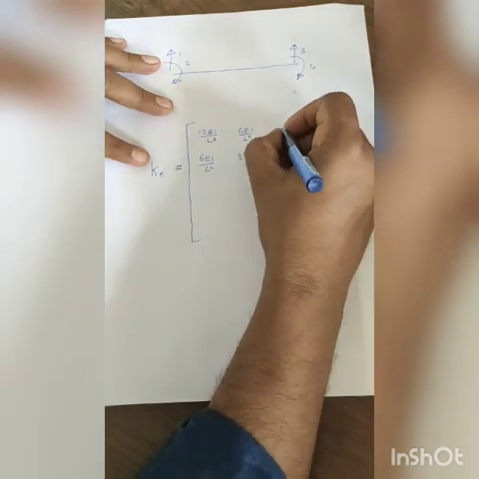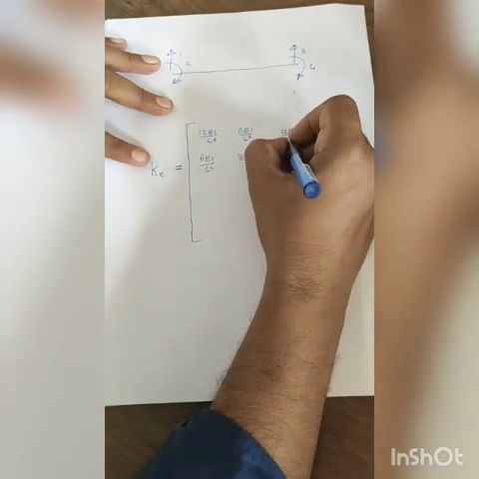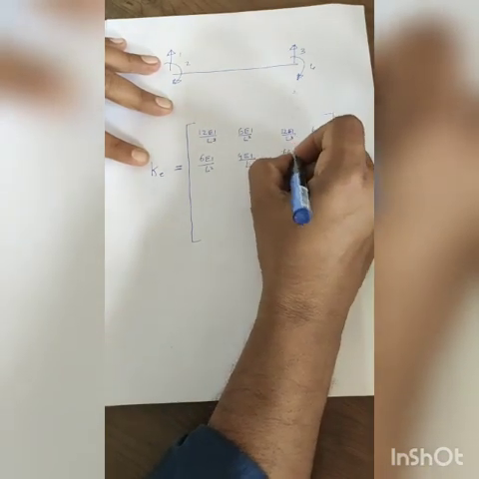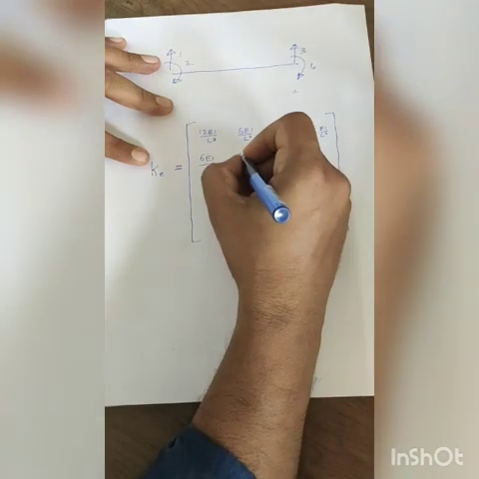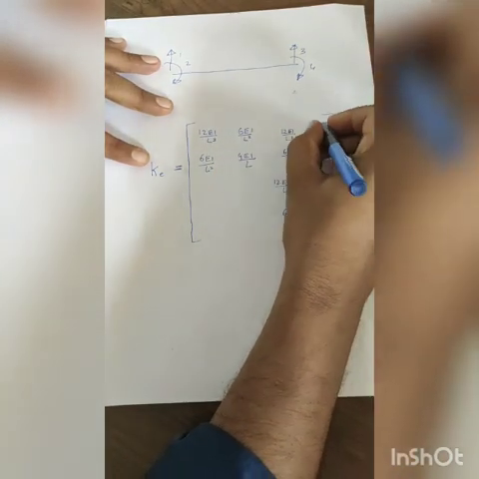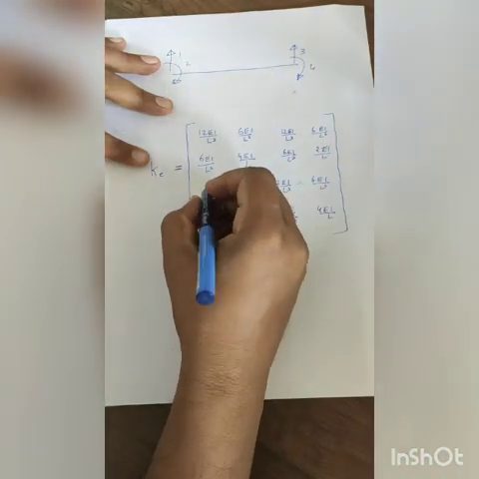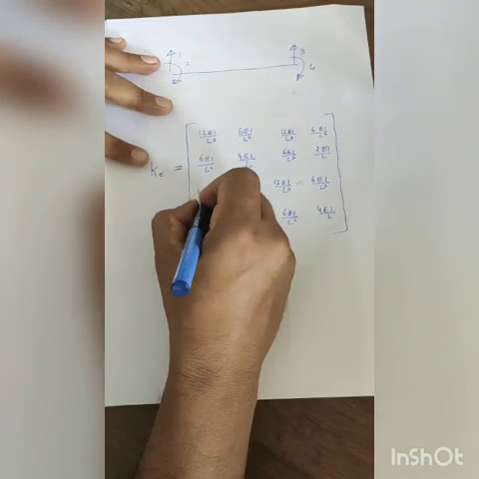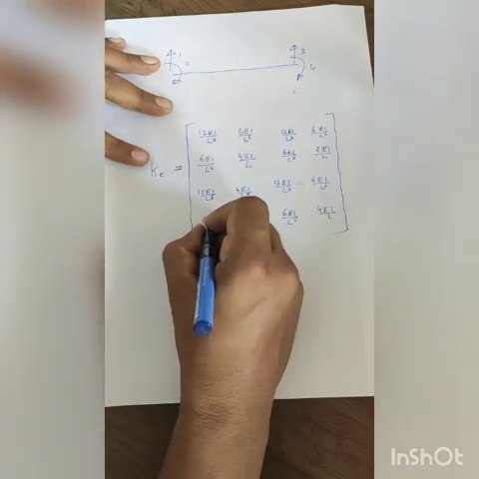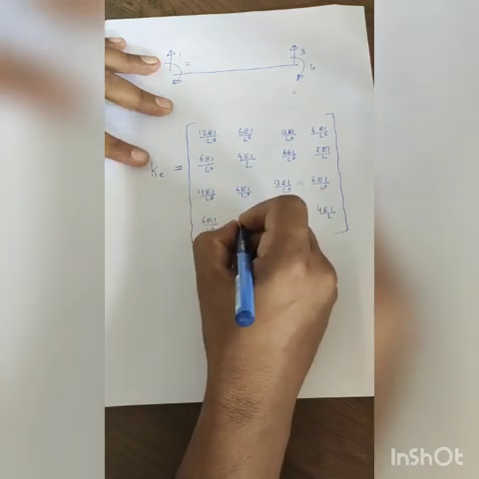Here the first 3 elements are exactly the same, 12EI by L cube, 6EI by L square, 6EI by L square. Here, instead of 4EI by L, just take half of it, 2EI by L. Then copy this matrix and fix here: 12EI by L cube, 6EI by L square, 6EI by L square, and 2EI by L.